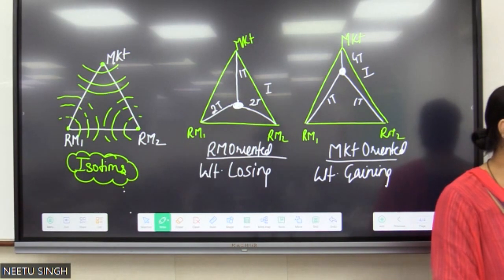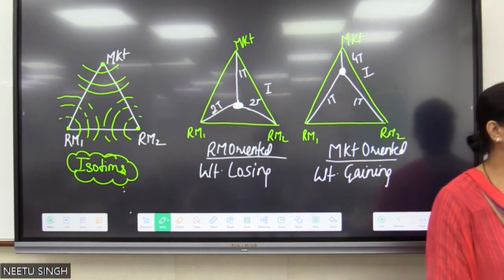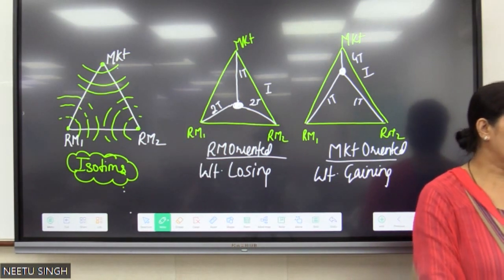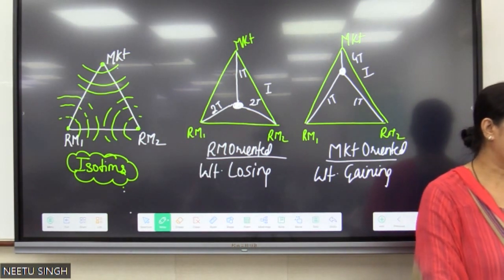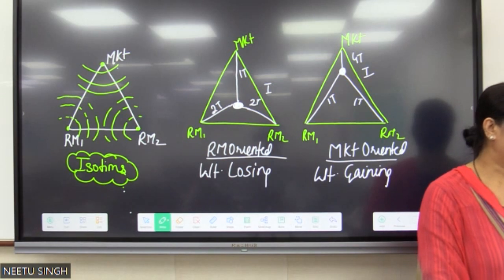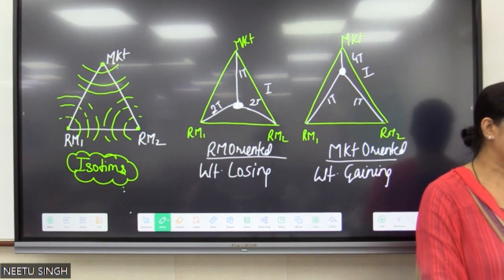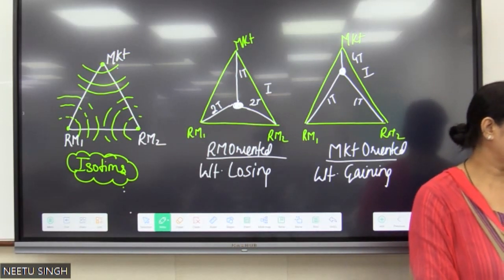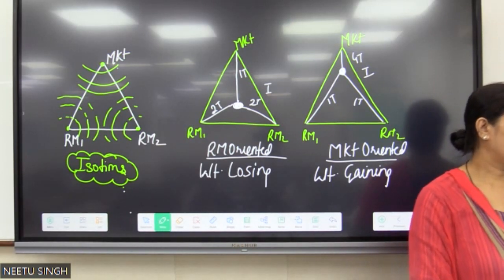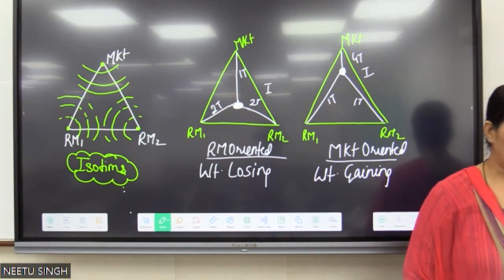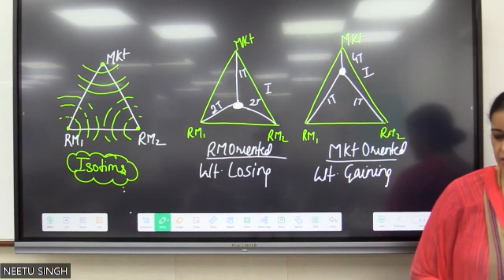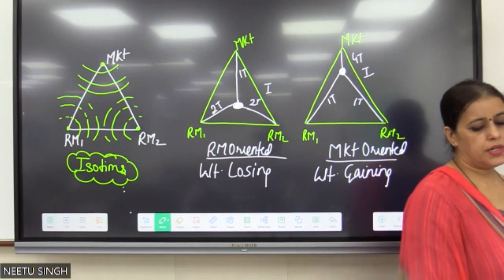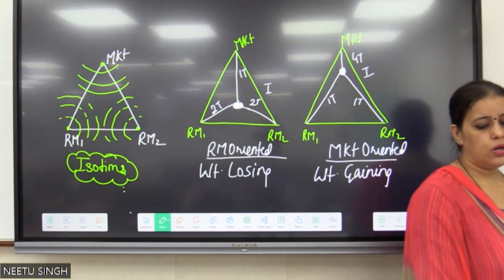So isotims, imaginary lines joining the places having same transportation cost, will go on increasing in value with increasing distance from a center. Combining them, there are two least cost locations distinguished: raw material or market.